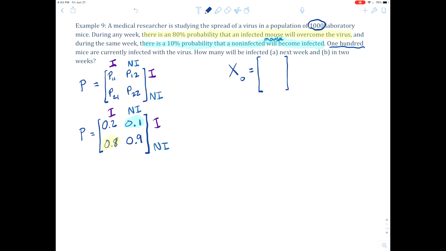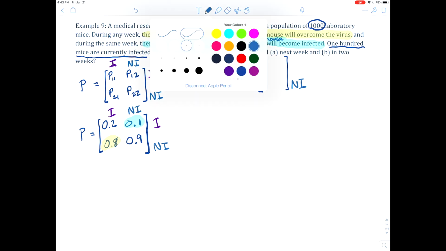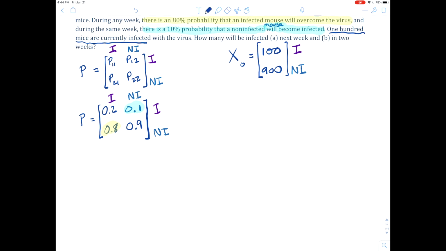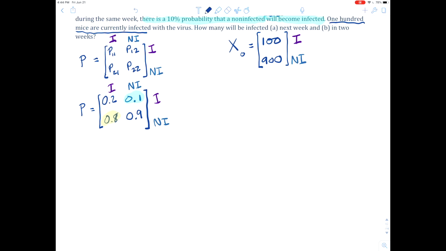Beautiful. 100 mice are infected. So if we do our breakdown here with infected as the first one, then we were told that 100 mice were infected currently, so that means that 900 mice must have started off well. Cool, cool?